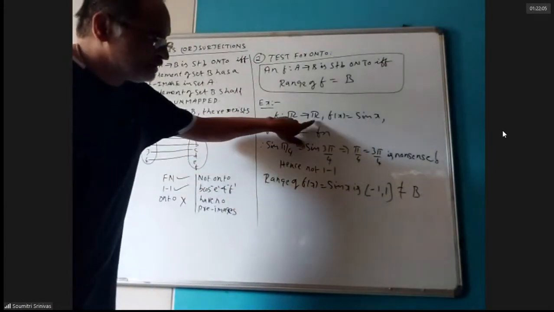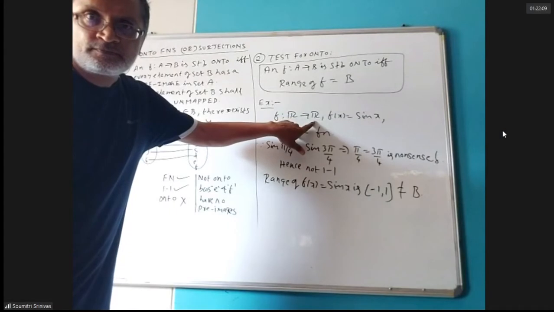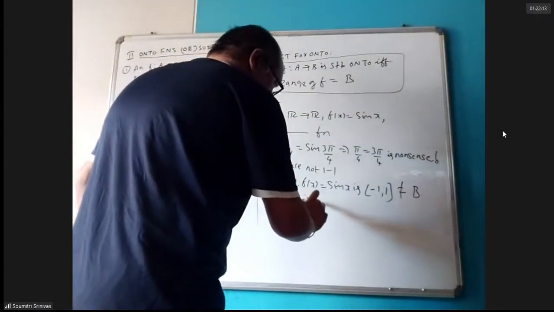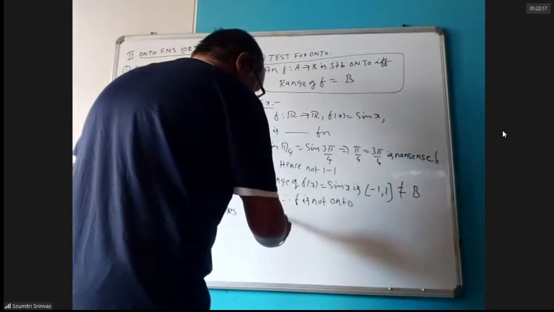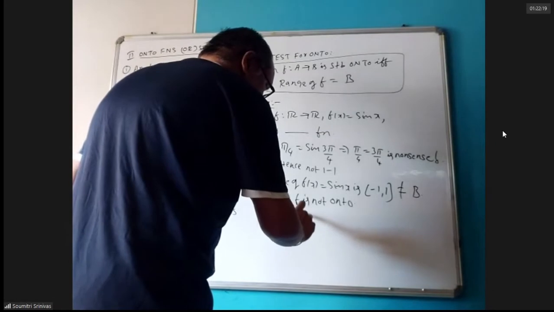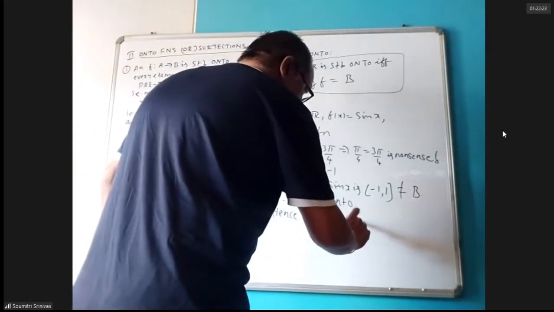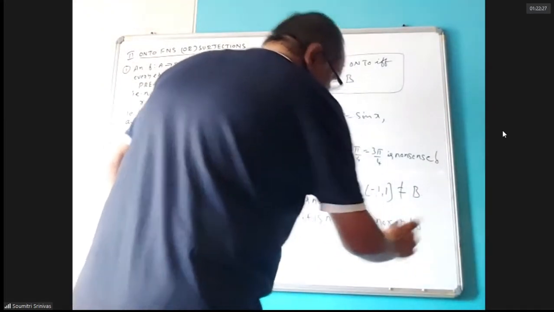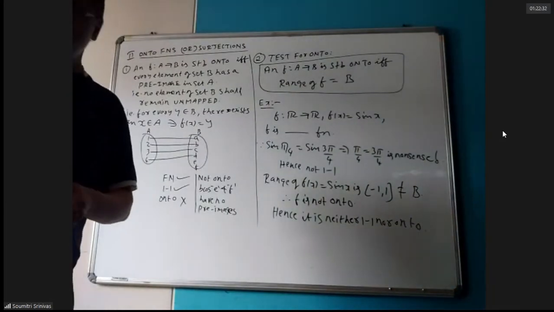All real numbers. Therefore, f is not onto. Hence it is neither one-one nor onto. Chalo, write this. Regarding the number of onto functions, we shall do tomorrow.